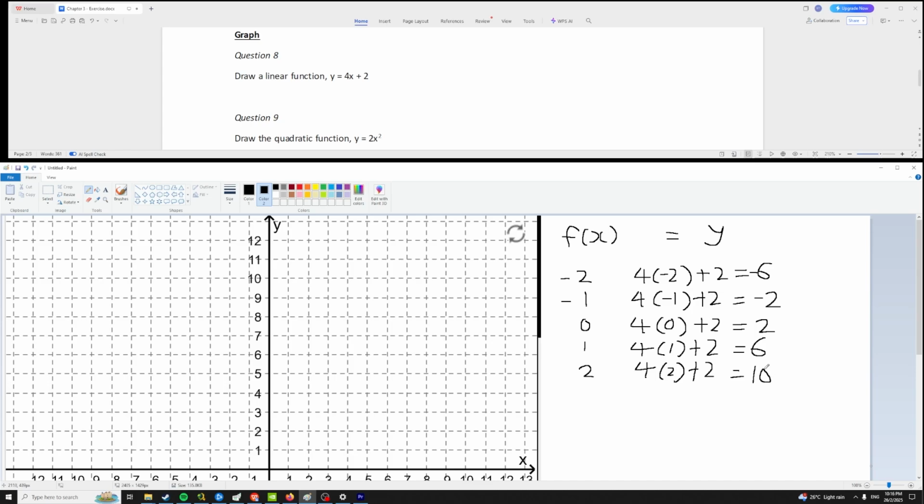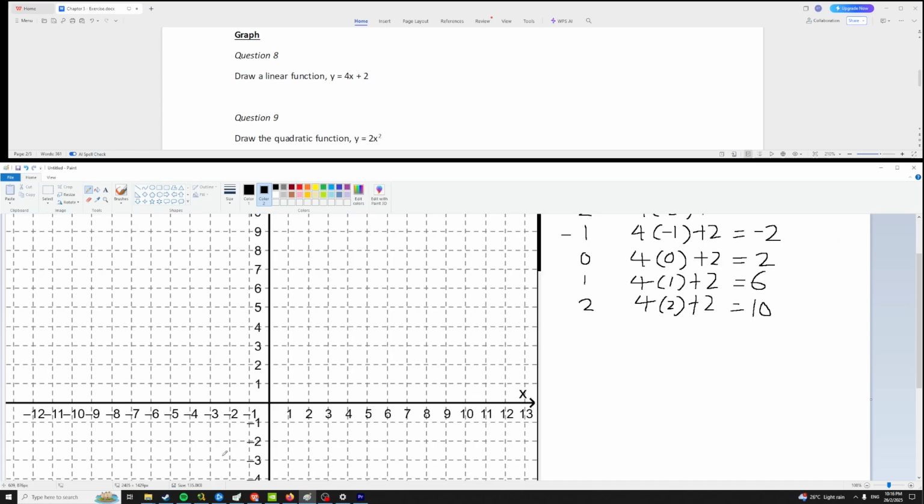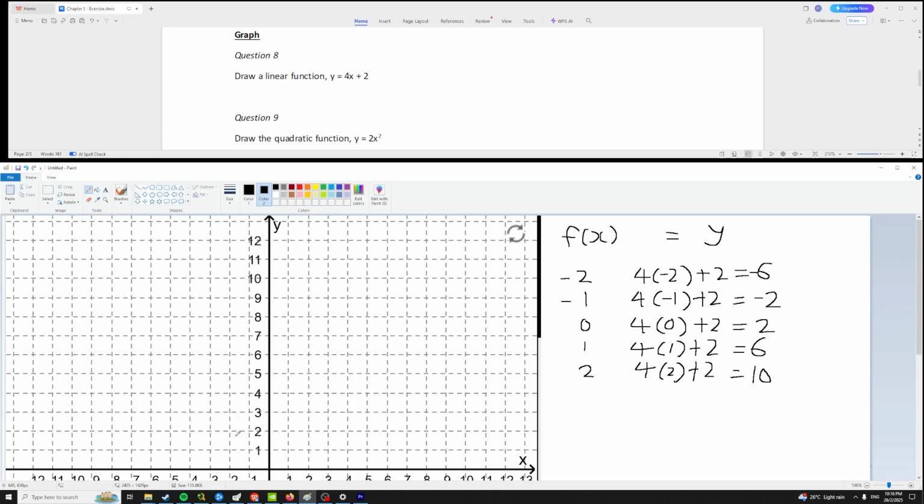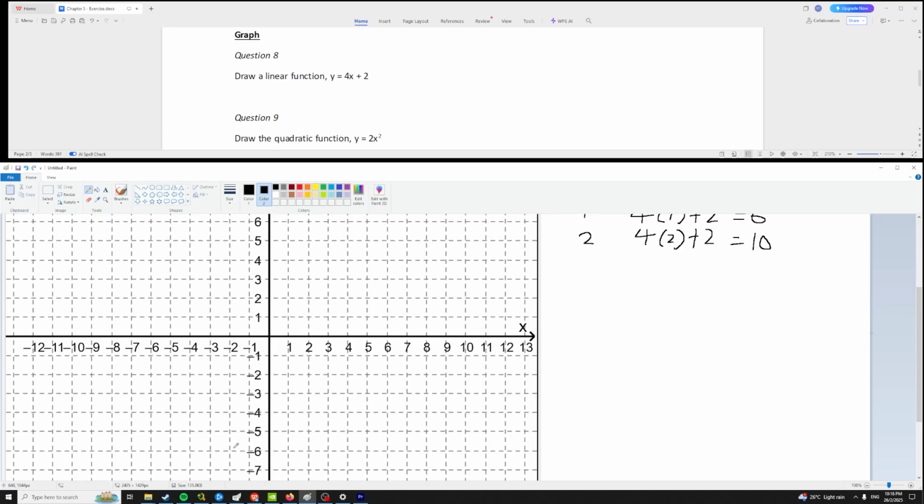Once we got all these coordinates, we just plot the graph. So when x is -2, y is -6, so it means that -2 is here, then -6 will be here.